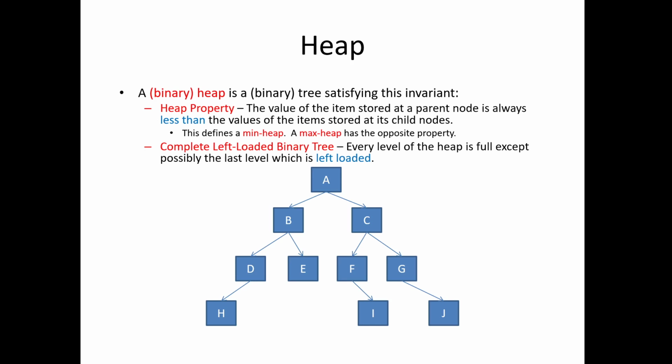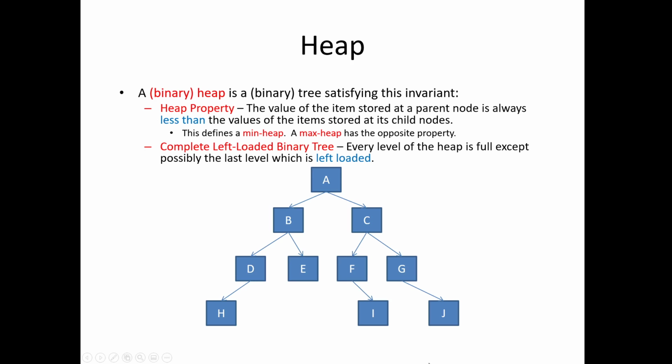It's a complete tree, at least satisfying one of our definitions of complete, in that all the nodes have exactly 2 children, except for nodes in the last 2 levels. On the last level, there are no children, and in the second to last level, there are 0 or 1 or 2 children. We permit any number there. The one property we don't have is that the last level is not left loaded. To be left loaded means all of the nodes on the last level should be loaded from left to right.